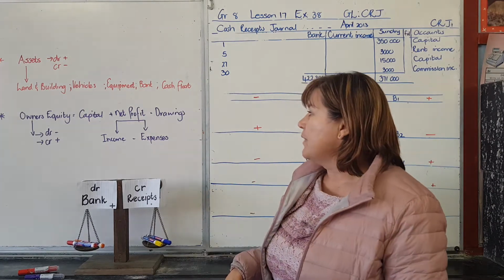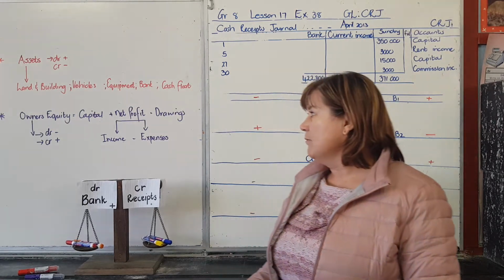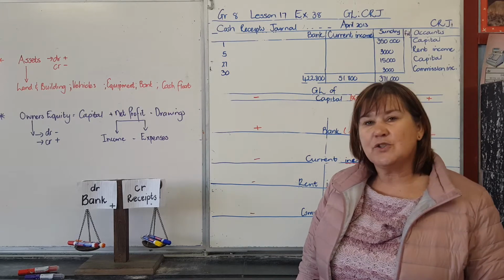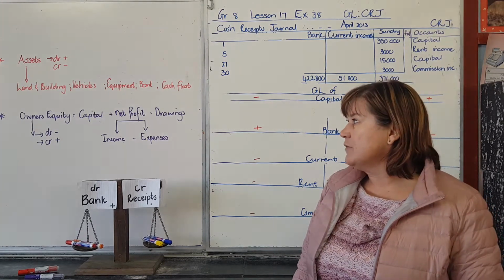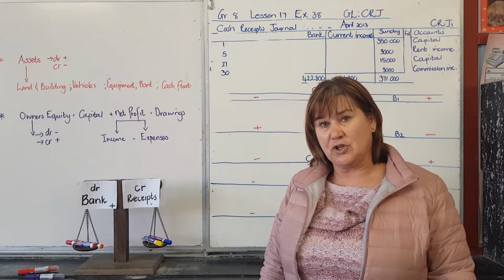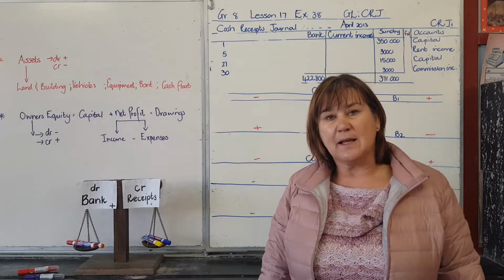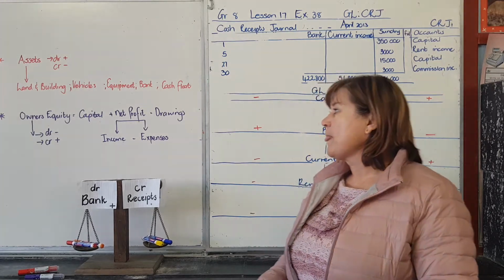Right. Then owner's equity, remember your definition, that's your capital plus your net profit minus drawings, and your definition for net profit is income minus expenditures. Remember your owner's equity, debits minus and credits always a plus. Why?